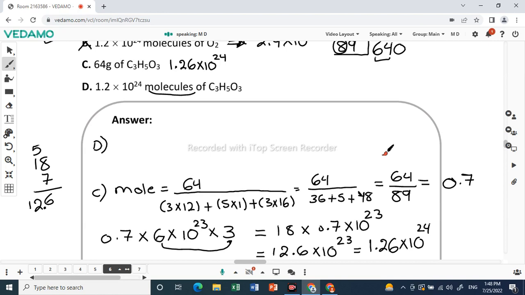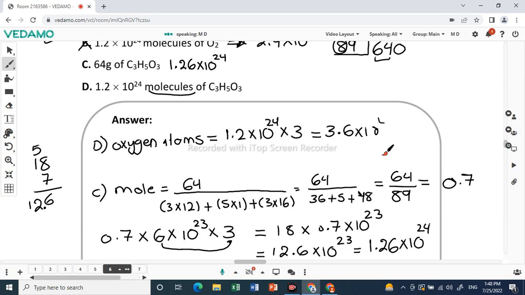So we will be using the same rule as A. In order to find the oxygen atoms, I will take my molecules number and I need to multiply it by the total number of oxygens, which are 3. 1.2 times 3, your final answer is 3.6 times 10 to the power of 24.